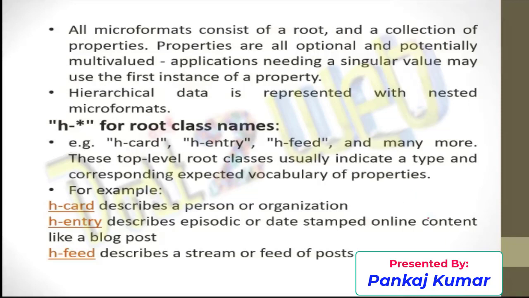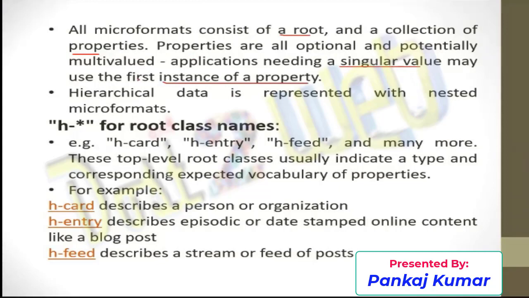All the microformats consist of a root and a collection of properties. What are the properties here? The properties are actually optional and potentially multi-valued. Where applications need a singular value, they may use the first instance of a property. And it will be hierarchical data you are going to present.